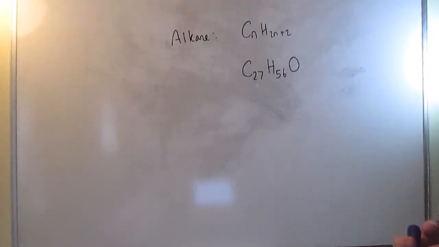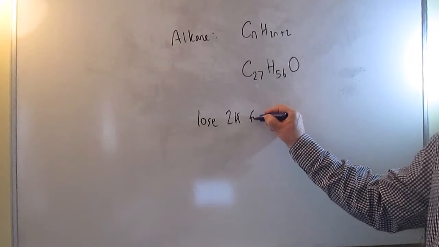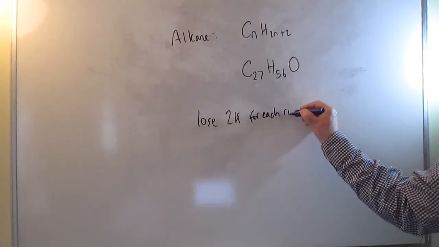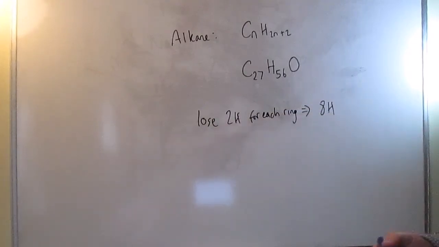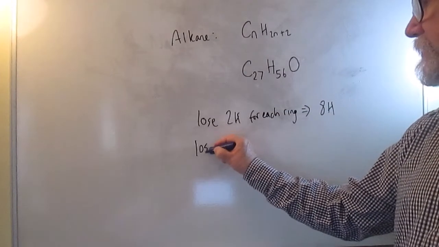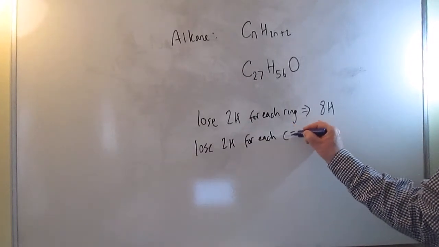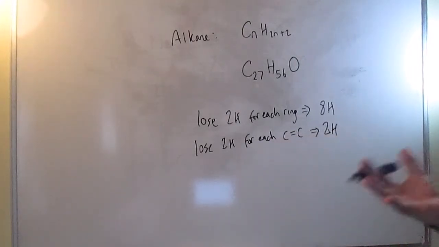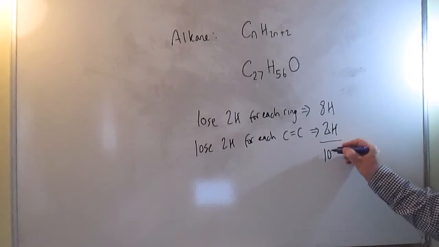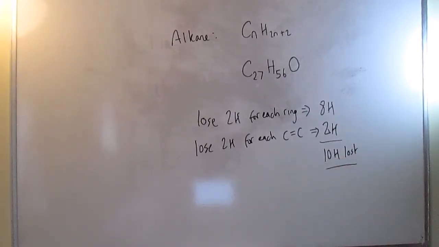But it also tells us that it has 4 rings, and you have to remember that you lose 2 hydrogens for each ring, which means that you lose 8 hydrogens because you've got 4 rings, and you also lose 2 hydrogens for each alkene group, for each C double bond C. So that means another 2 hydrogens are lost because it tells us there's one alkene group, so 10 hydrogens are lost altogether in making that into cholesterol.